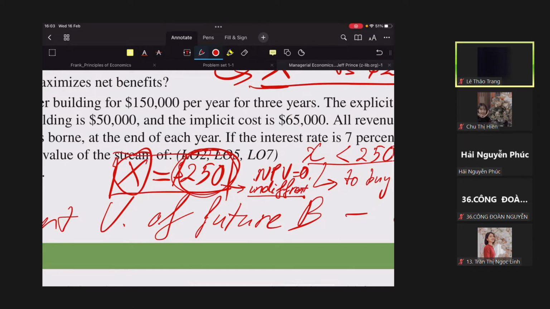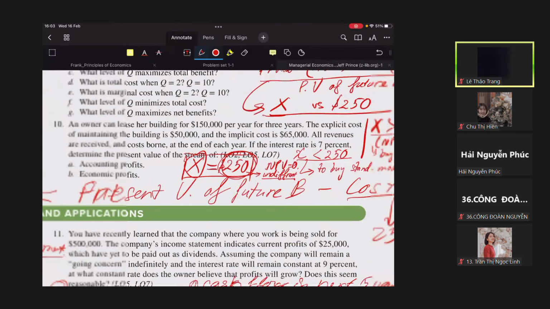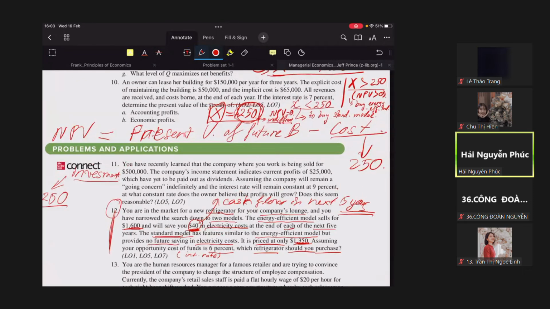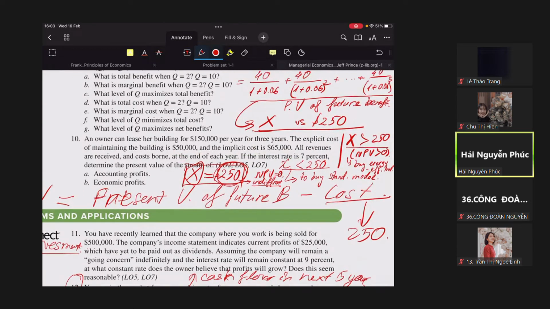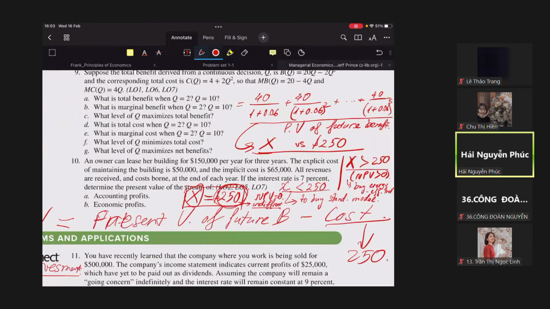Right. Okay. Actually, if you compute, I'm going to give you the answer for this question.